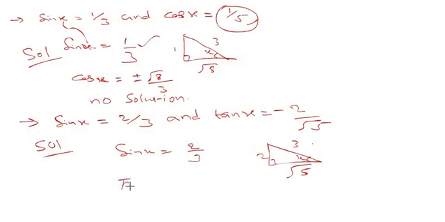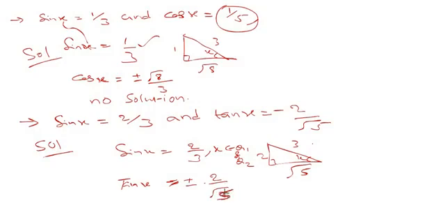So we need to find tan x according to the sign. Since sin x is positive, the angle may be in quadrant 1 or quadrant 2. If the angle is in quadrant 1, tan x is positive. If the angle is in quadrant 2, tan x is negative. It is opposite by adjacent.